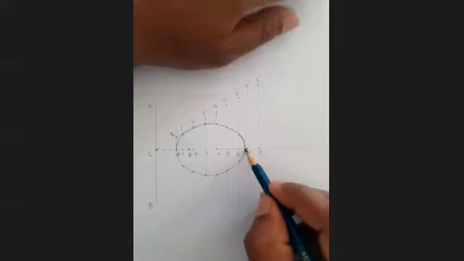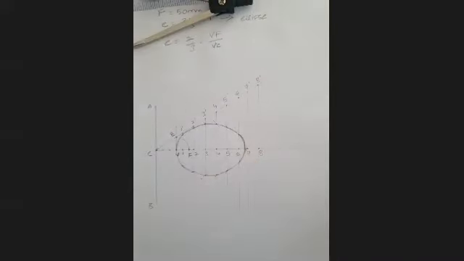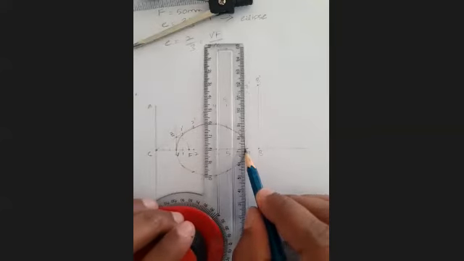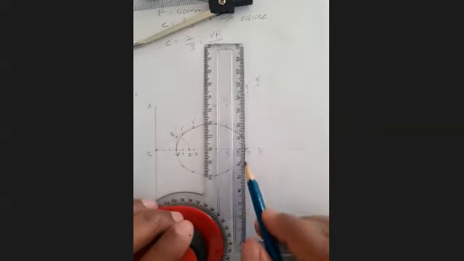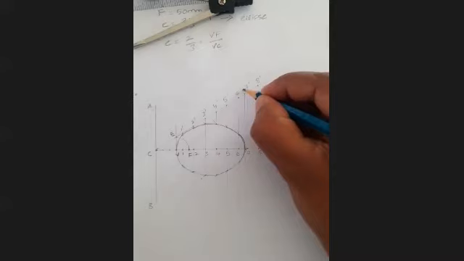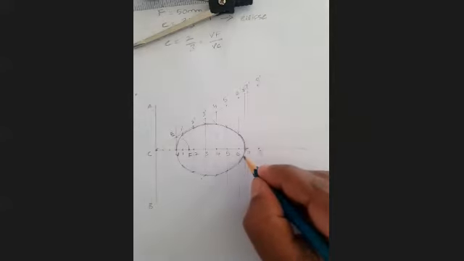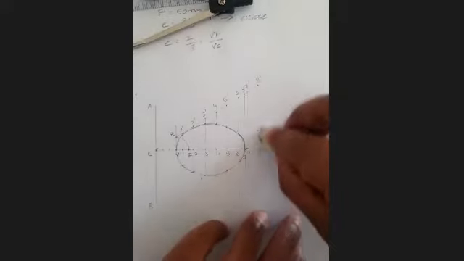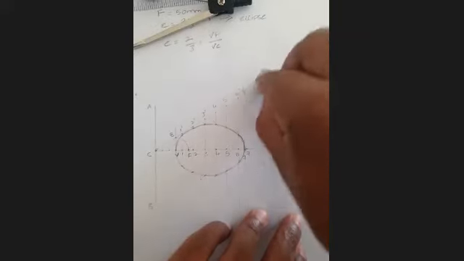So at this point, again I will draw another line. That's it. Okay now, I will name this as 7 dash and this as 7. The rest you can erase.